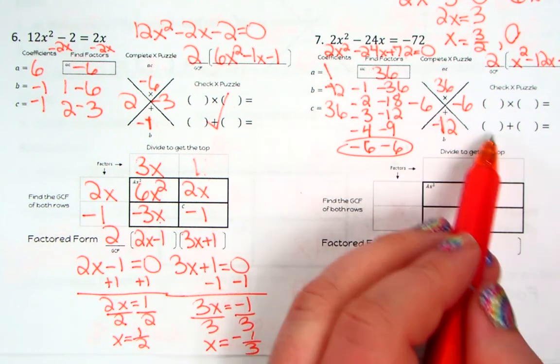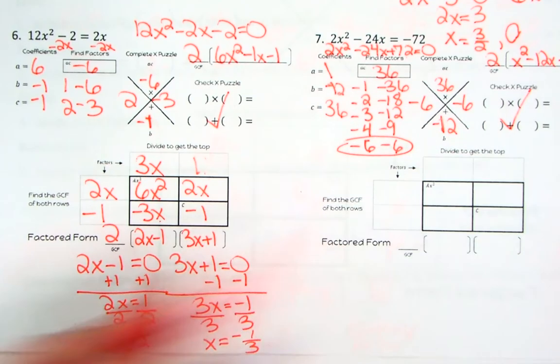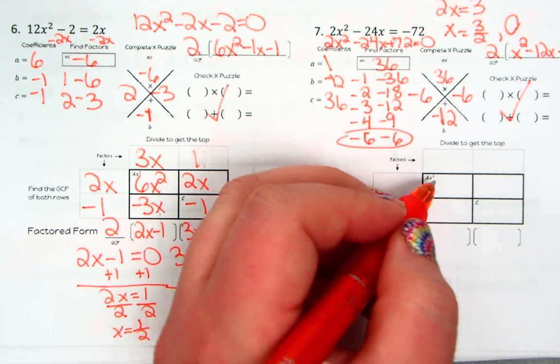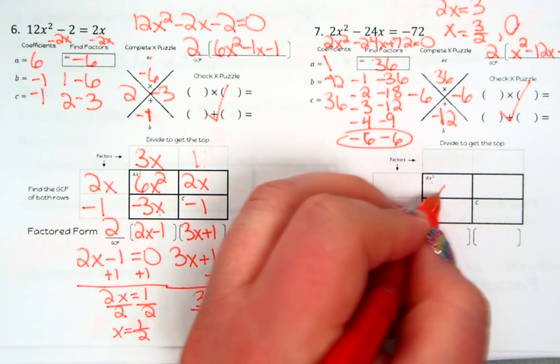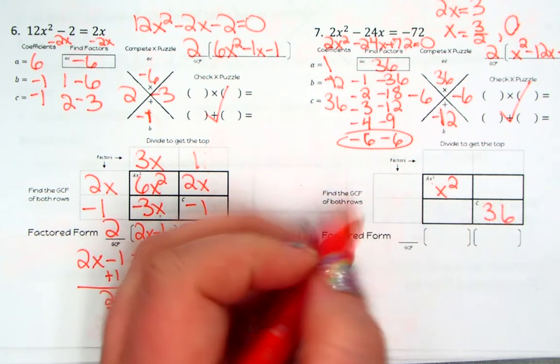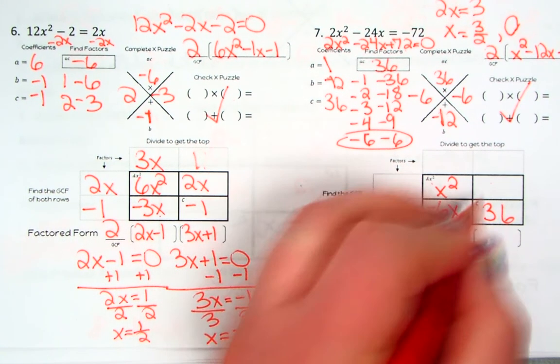Negative 6 plus negative 6, negative 12. So this checks. So we have the first term, which is x squared. The last term, which is 36. And then the middle term is made up by negative 6x and negative 6x.